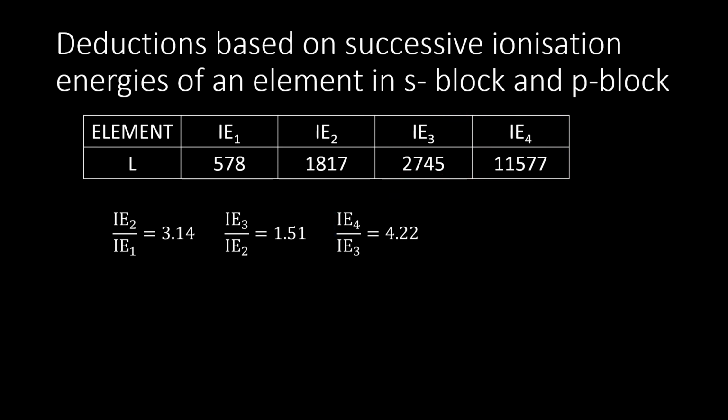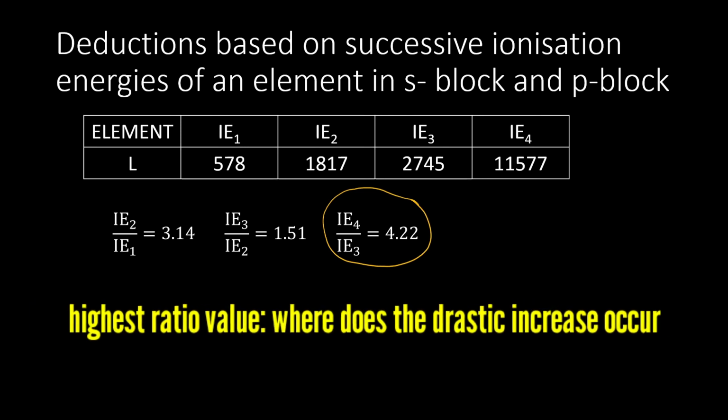After the ratios are obtained, we need to look for the biggest ratio value. For example, in this element, the biggest ratio is between the third ionization energy and the fourth ionization energy. From this highest ratio value, we can then identify the drastic increase.